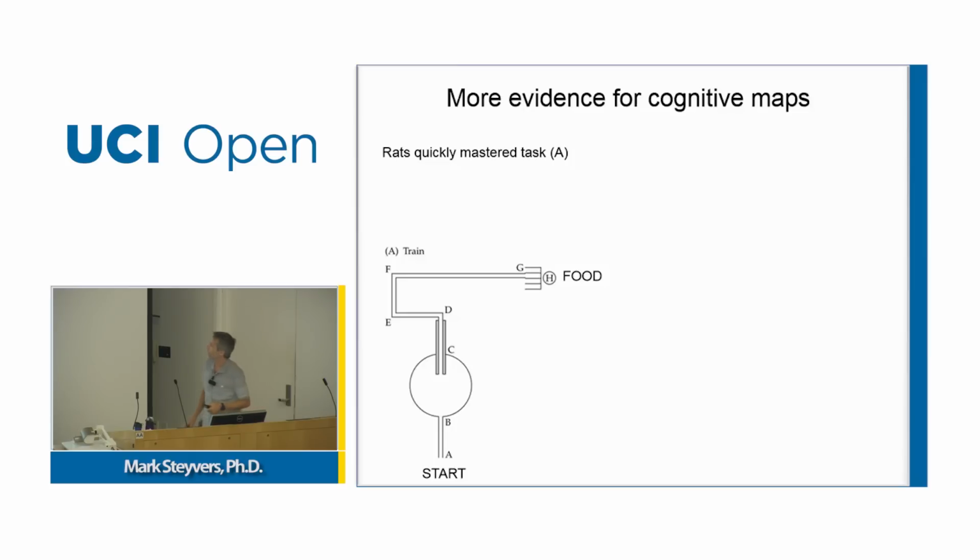So here's another example of animals learning cognitive maps.